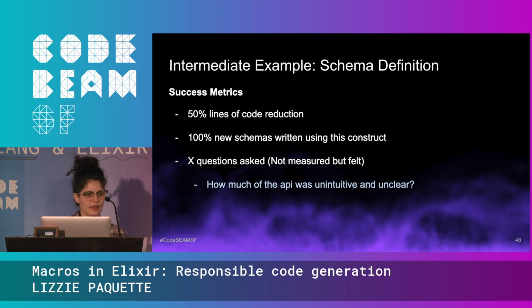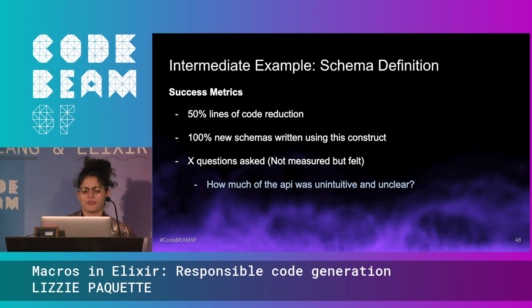So we knew this would be a big sweeping change in our code base, especially if we wanted a lot of adoption. So we said, well, how do we know if the abstraction we're picking is actually the right one? How do we know if we've been successful? So we set a goal for at least 50% lines of code reduction when you're defining schemas.